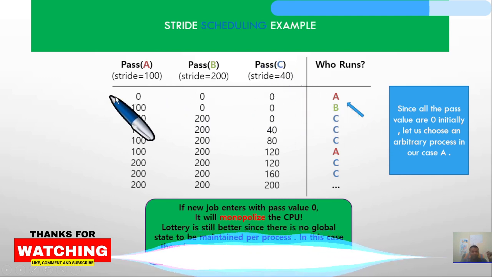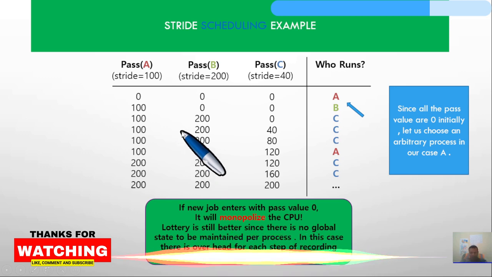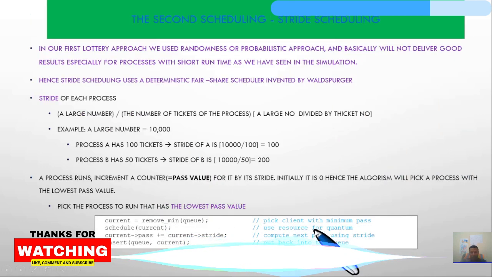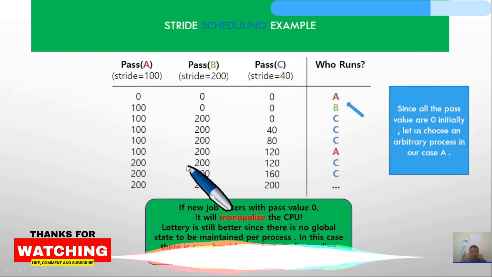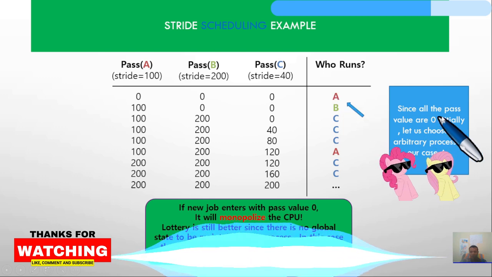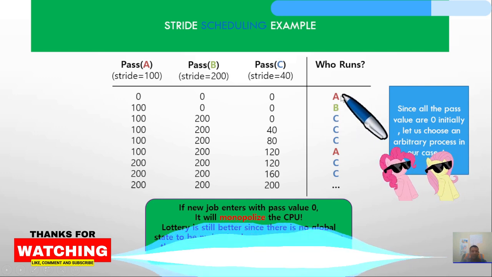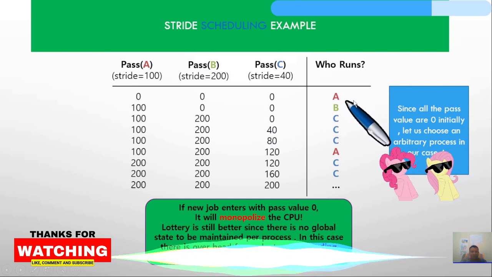So in the first run, as per the first line of code, what does it say? Pick the client with minimum pass. But as you can see, all are 0. So since all the pass values are 0 initially, let us choose an arbitrary process. In our case, let's say A. Now A is running.